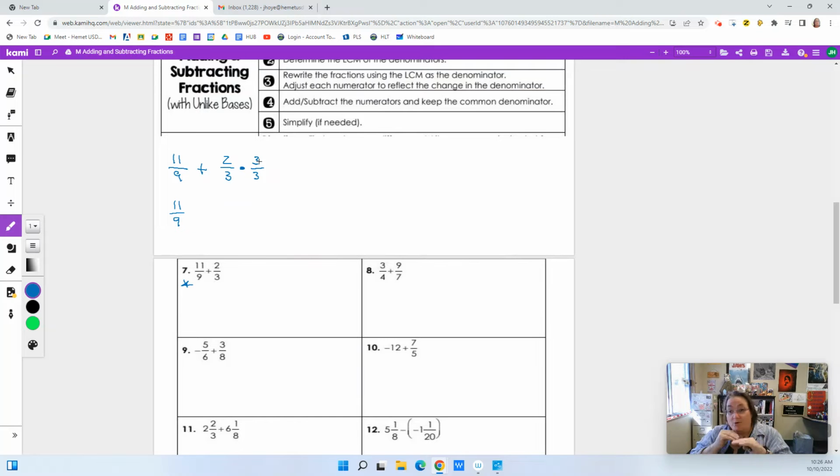So the reason we multiply both the numerator and denominator by our least common multiple is that it doesn't change the value, right? When I multiply it, I'm going to get 2 times 3 is 6 over 9, but 6/9 is the exact same value as 2/3. And I'm going to show you what I mean a little bit, right?